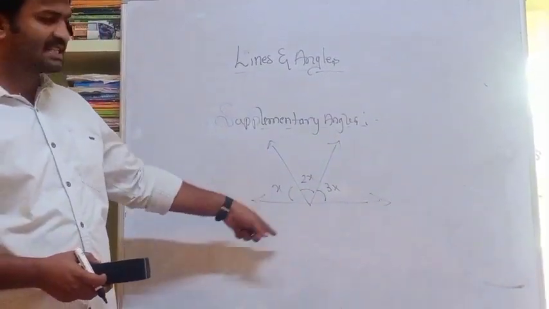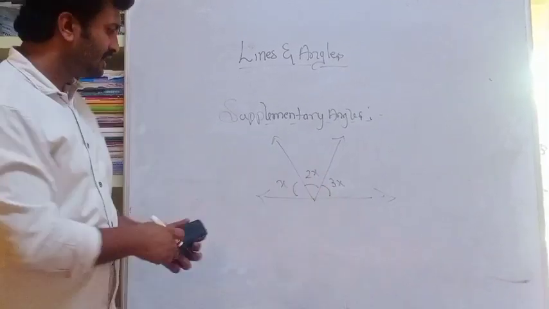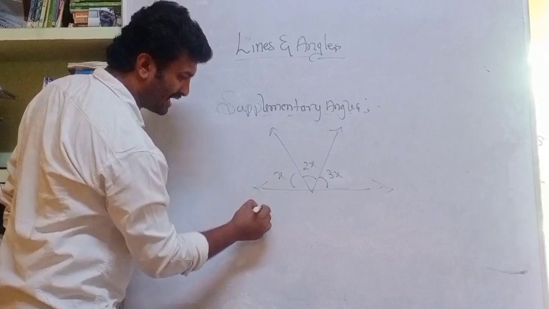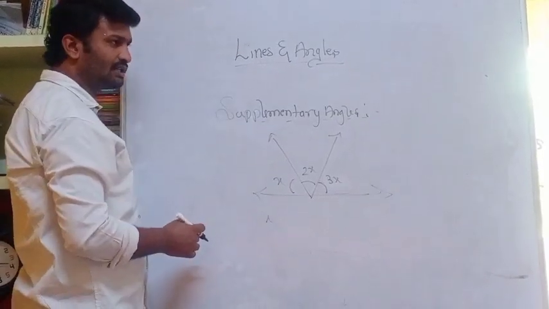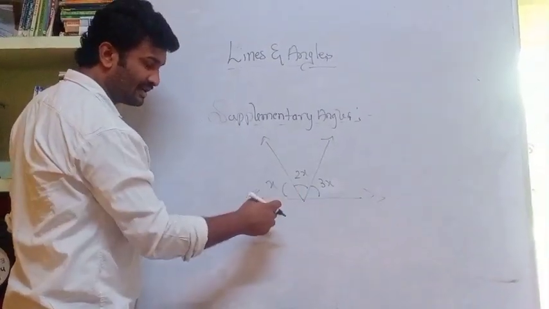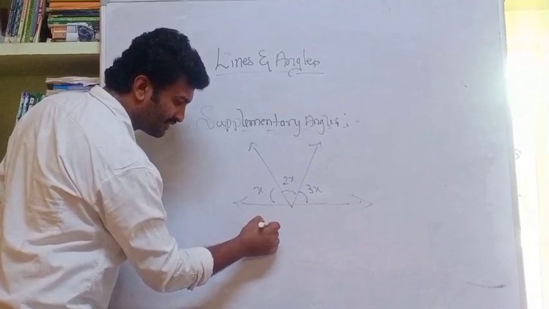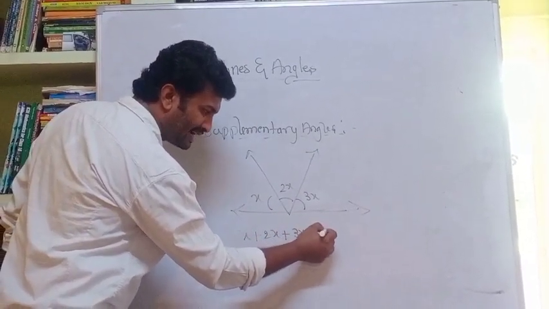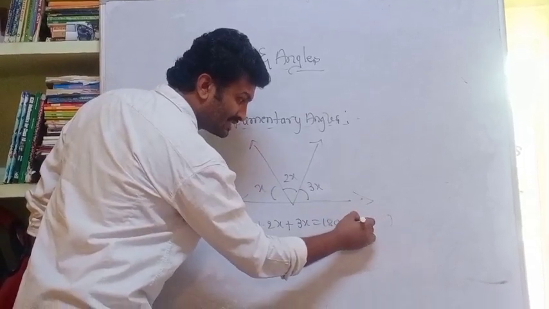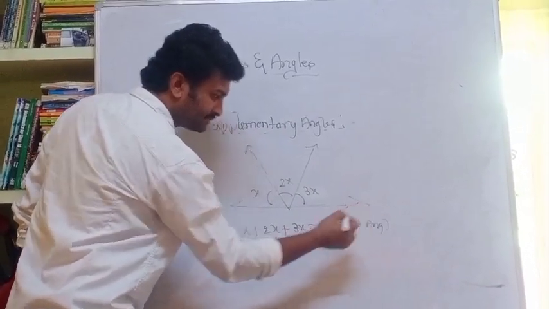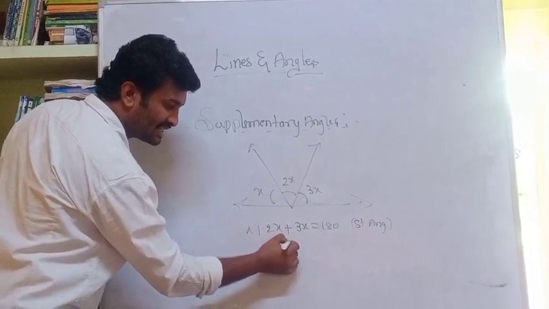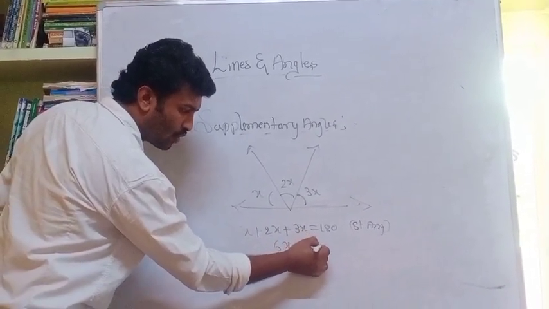Then x plus 2x plus 3x equals 180. Reason: straight angle. Then 6x equals 180.